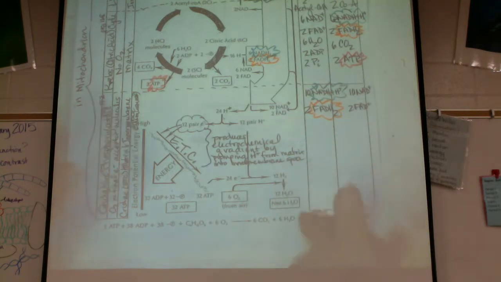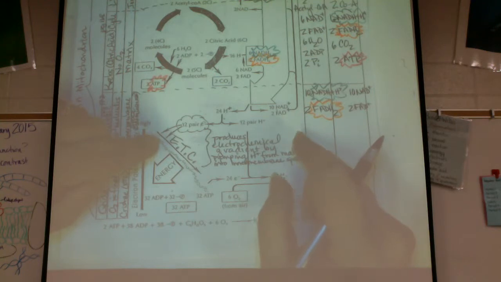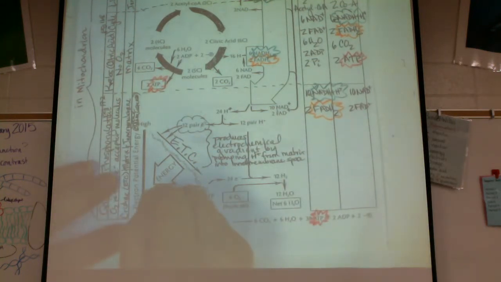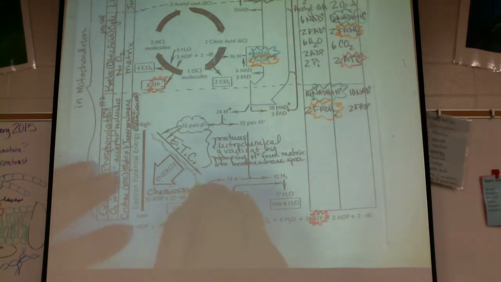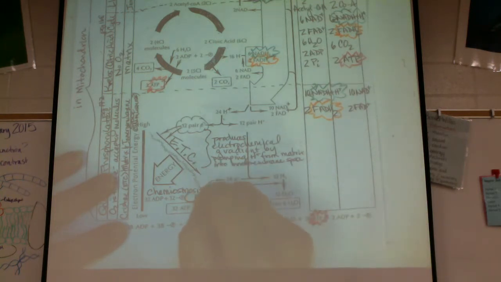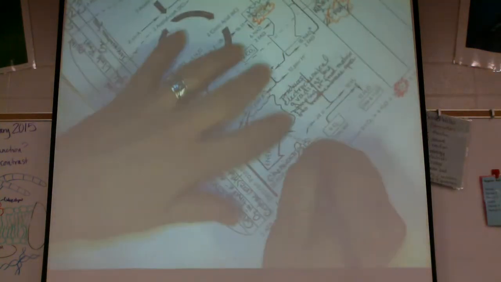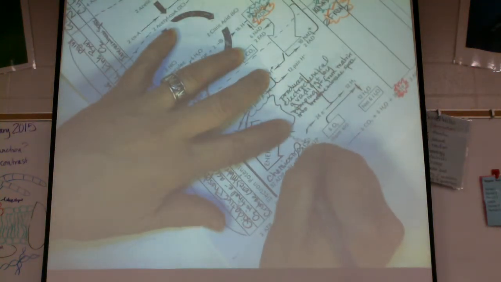Okay? Because of that, you're going to get a charge. And because of that, there is this process of doing chemiosmosis using ATP synthase. Okay, it's kind of like if we made a little bulb here. This right here is going to be your ATP synthase.